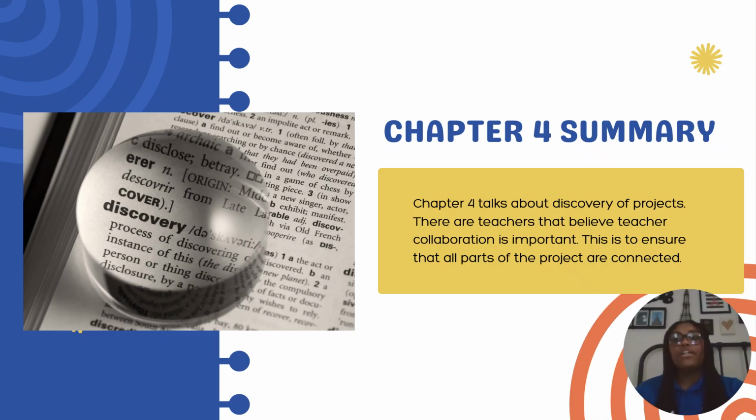And we do this because we want to make sure that projects are connected and we want to make sure that things are making sense. We want it to be a cumulative project, so all the ideas combining into one. And in order to do that, we need to look at what other people have done for projects, what their successes were, and how we need to add and or change to make our project successful.